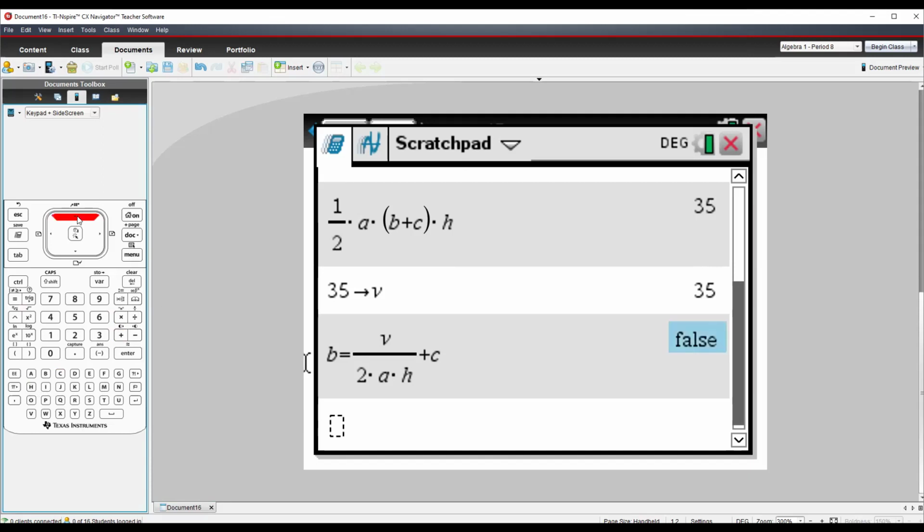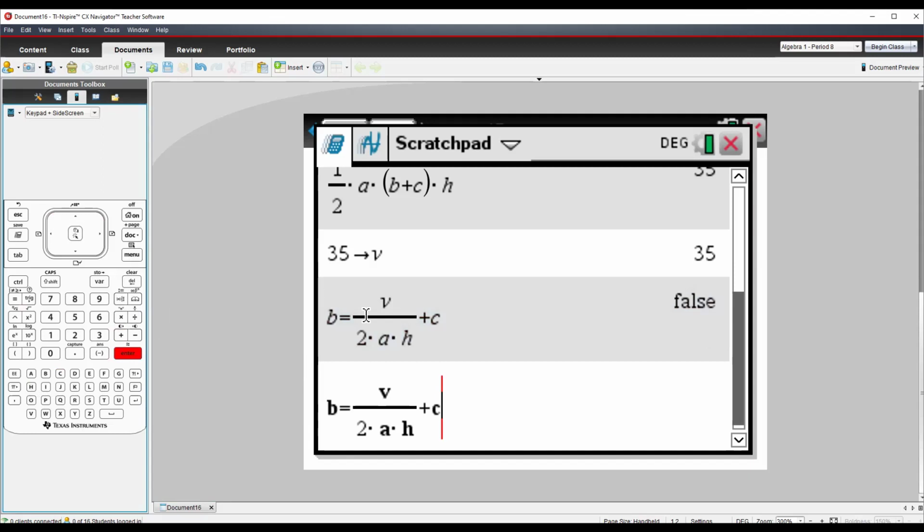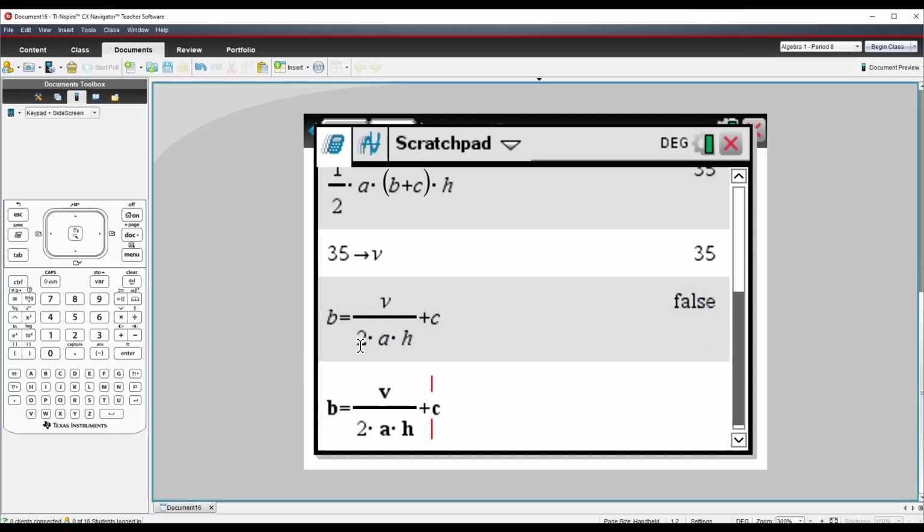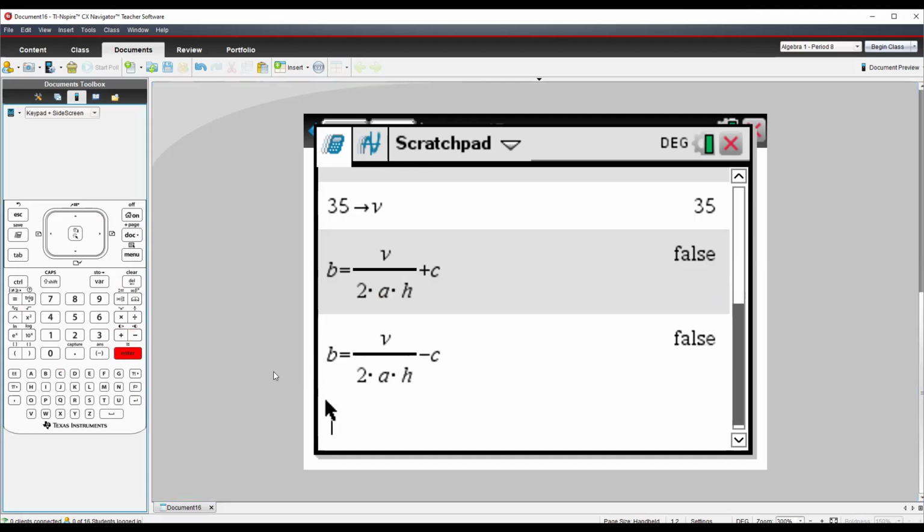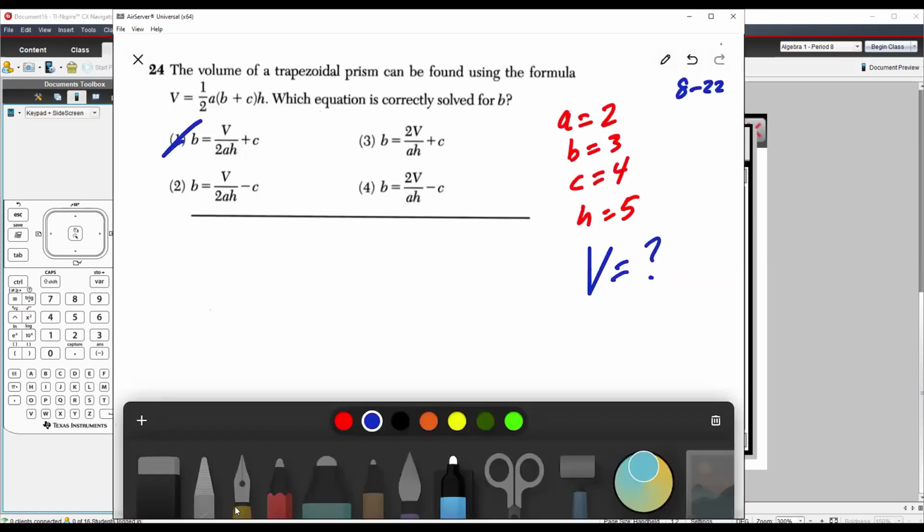So what I'm going to do now is the second one. I'm just going to copy the first, and change that plus to a minus. I press enter, and I get another false. So I would cross this one out, and cross this one out. Now I'm going to try this one right here.